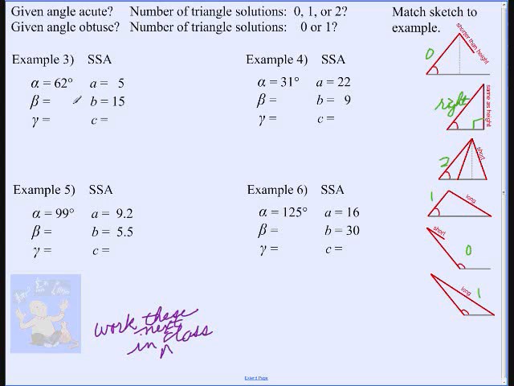At least I can't tell. Let's go ahead and try this one and see what we get. We're going to have the sine of 62 degrees divided by 5, the opposite side. That will give us the ratio that we're going to use here.